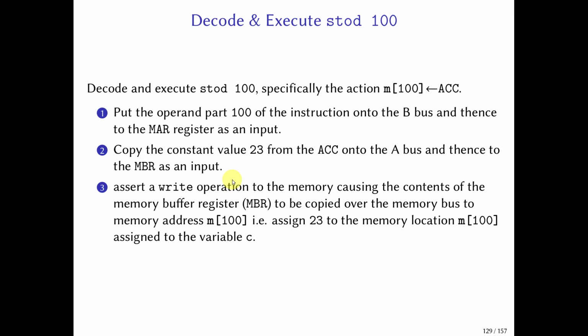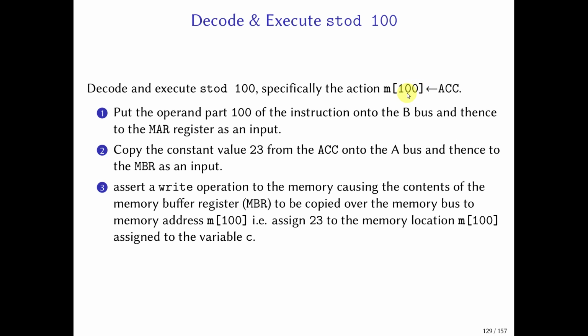Well, again, I go back to my table of machine code instructions from slide 23, which is printed out in front of me, and I look up the entry, the row for stod X. Stod stands for store direct, and when I look at the action column, I can see that the effect of this machine code instruction when it is fetched, decoded and executed is that the value that is in the accumulator will be copied from the accumulator to the specified memory address X, which in this case has the value of 100.